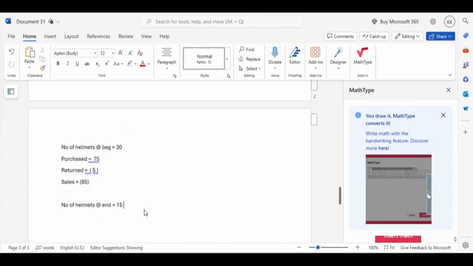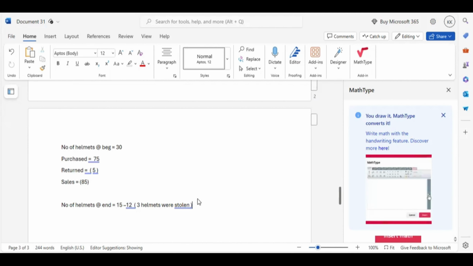The difference between the two, right? The two, which is 3, right? 3 helmets were stolen, right? Difference between the two, at the end of the year, I expect to have 15, but then during my physical stock count, I find out that I only have 12. As a result, I can identify that 3 helmets were stolen.